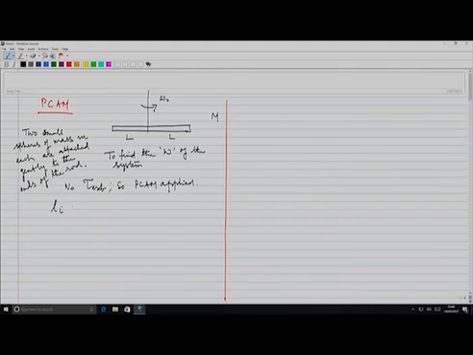That's the idea. Angular momentum of the initial system is equal to I initial times omega naught, which is equal to ml squared by 12 times omega naught.